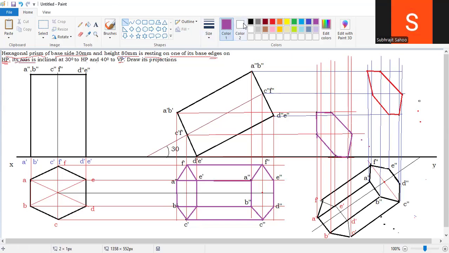The hexagon comes. Then join here to here, here to here, here to here, here to here, and here to here, right?